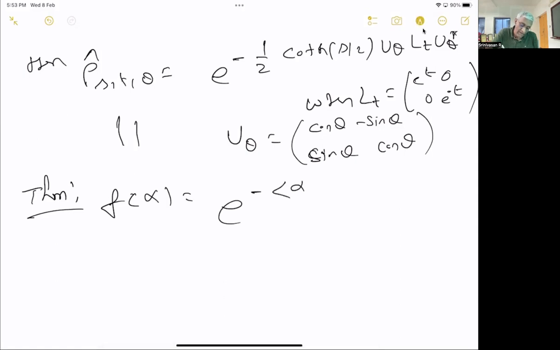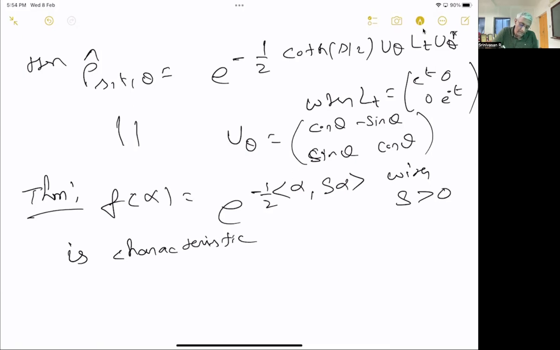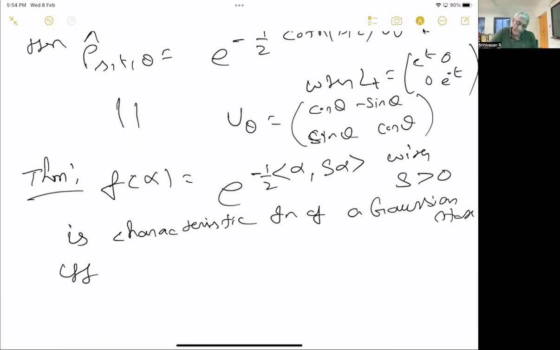F of alpha equal to e power minus half s alpha, with s greater than 0, then f is a characteristic function of a Gaussian state if and only if, see, this is something tricky, something I'm not really happy about, something like this: s minus iJ, I times the J matrix we have written now, s minus iJ is greater than or equal to 0.